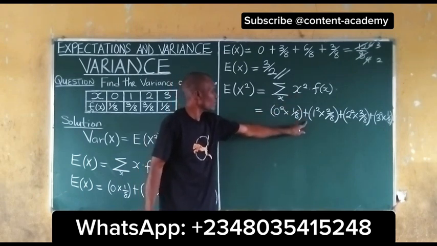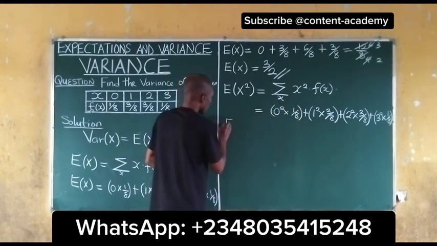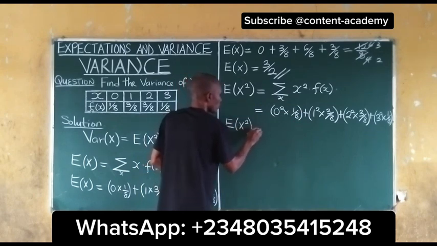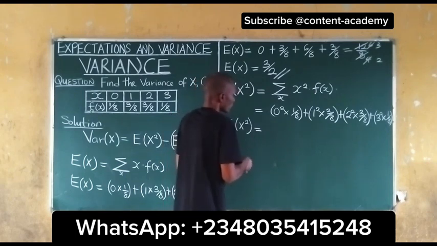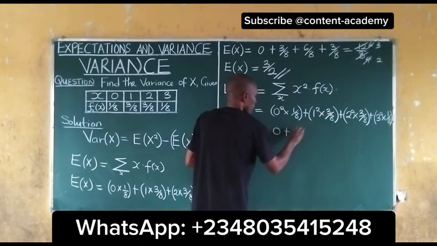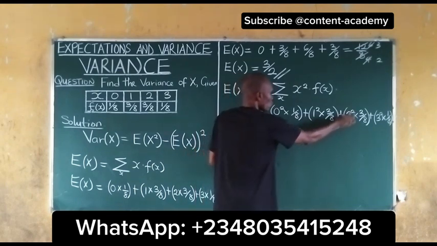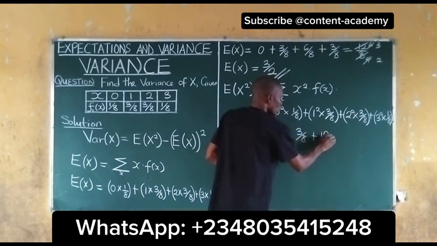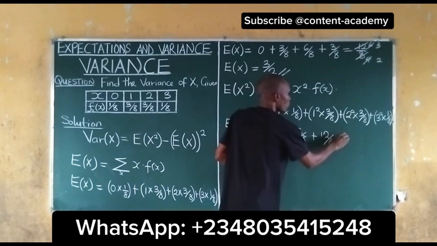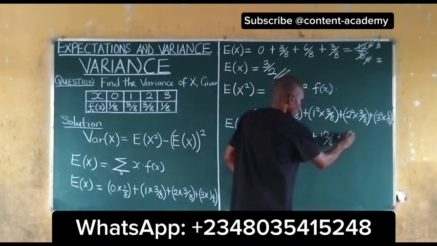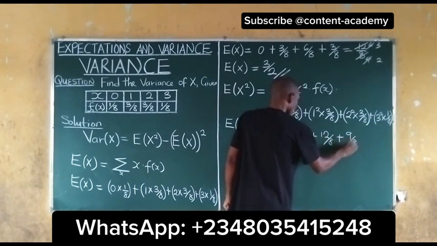So our expectation of x squared will be equal to 0 plus 1 squared multiplied by 3 all over 8, plus 2 squared, which is 4, 4 multiplied by 3 is 12 all over 8, plus 3 squared is 9, 9 multiplied by 1 is 9 all over 8.